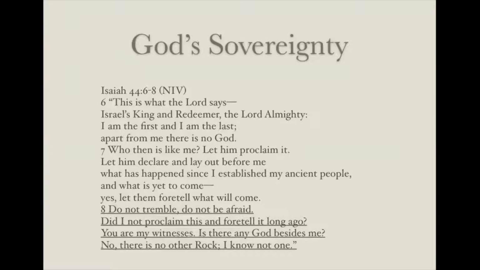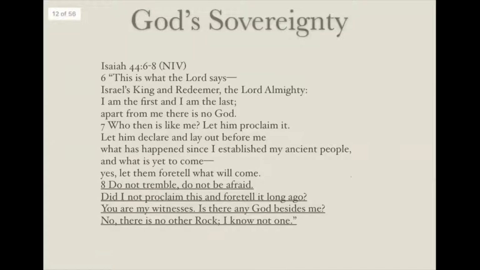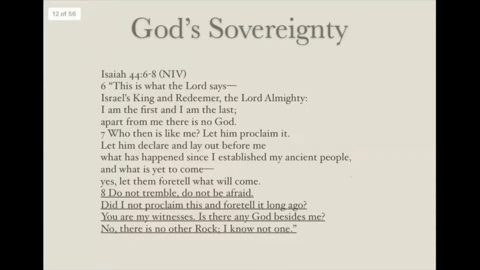I know not one." And at some point, we just have to have faith that God is able to do what he's able to do. And he used Daniel to prophesy these different events that were about to happen. Daniel covers quite a bit of the intertestament period.